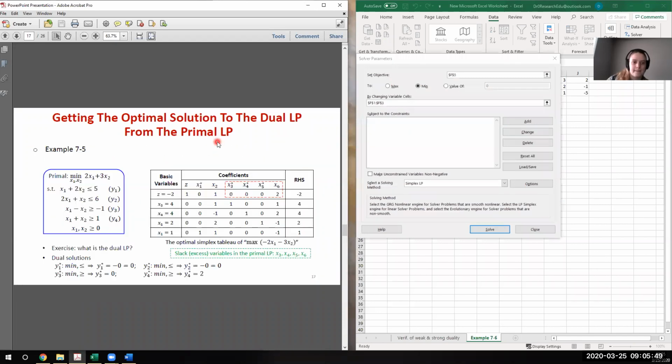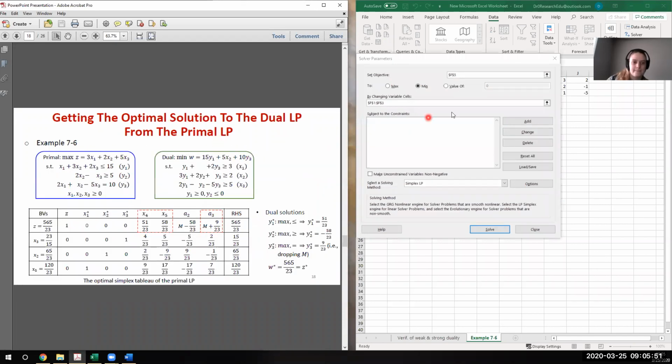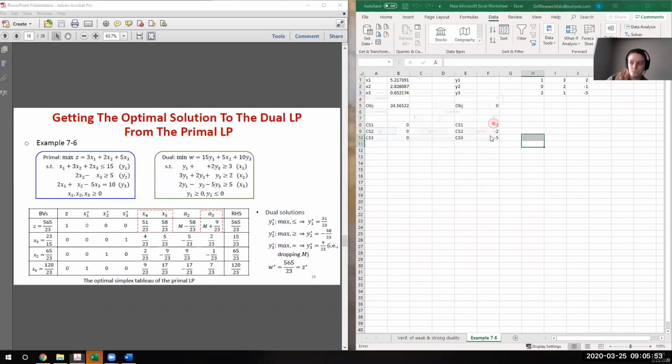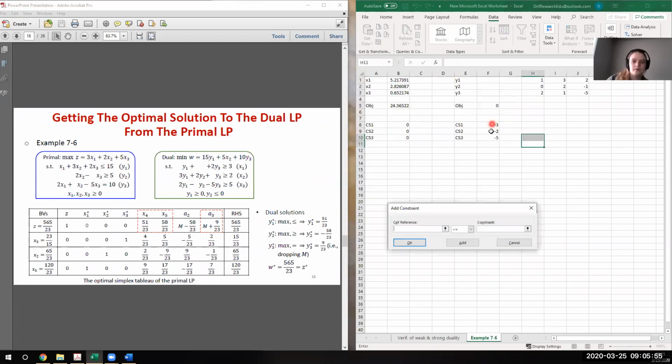I have everything here as greater than or equal to 0, because here already we have -3, -2, -5. So I only need to put greater than or equal to 0.